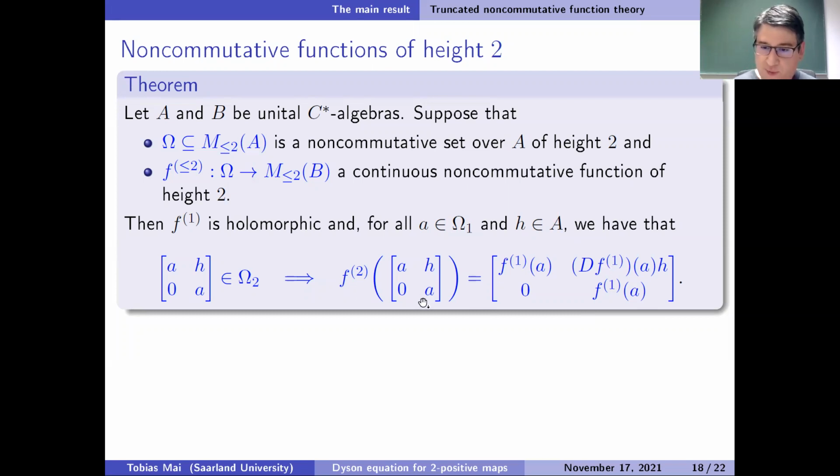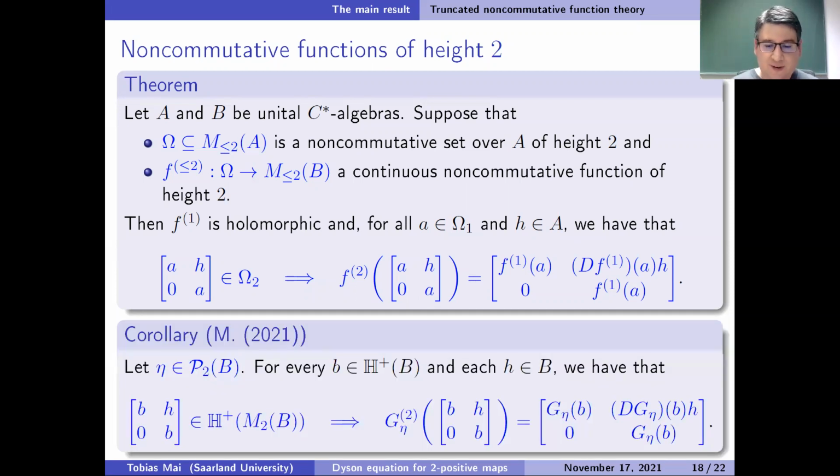So this is the crucial observation here, that this trick, which underlies non-commutative function theory, still works in the two-positive case. This again is not surprising for people who know about non-commutative function theory, but it's important here because now we can apply this result to the Cauchy transforms for a two-positive map, and it simply means that we get access to the non-commutative.